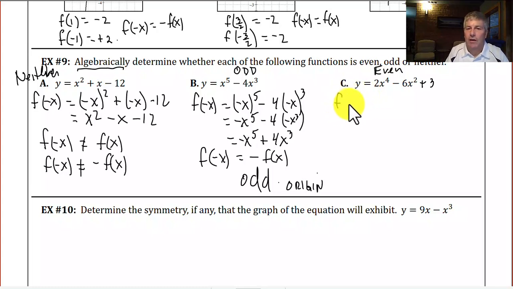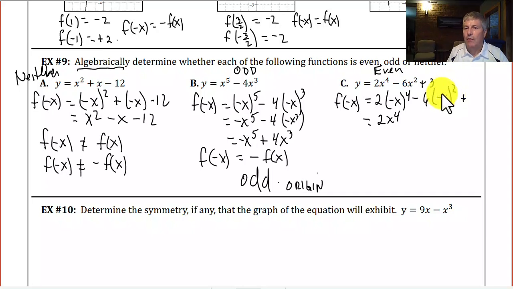So let's check this out algebraically. We'll put negative x in to our function and see what happens. So negative x to the fourth, I have an even number of negatives, so that's going to be positive, so I end up with 2x to the fourth.